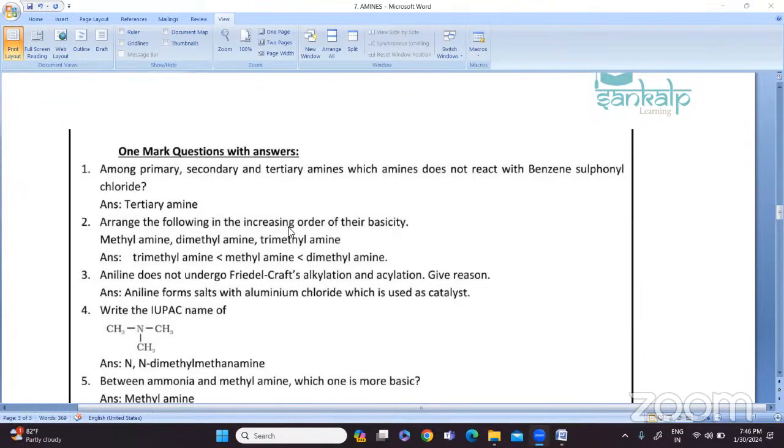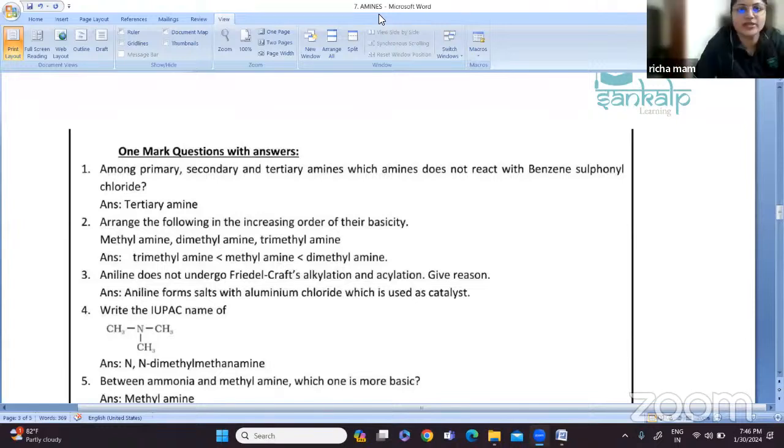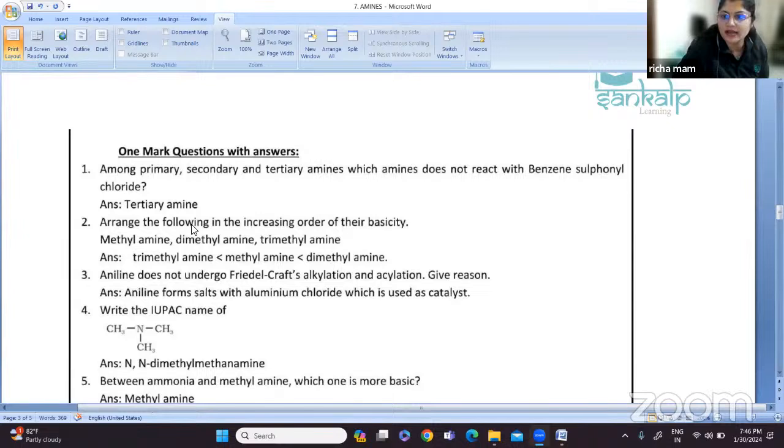First will come trimethylamine, then methylamine, and then dimethylamine. When you are seeing the basicity, trimethylamine will be the least basic because of steric hindrance. Then methylamine, which is more basic than trimethylamine, and the most basic will be dimethylamine.